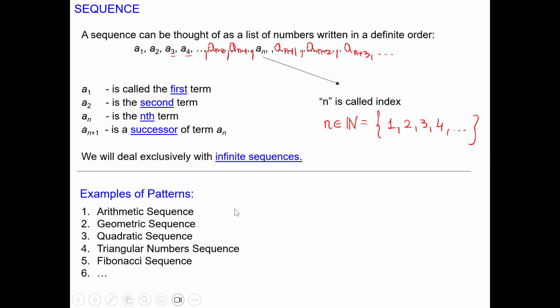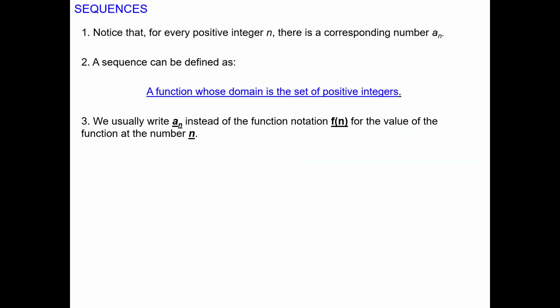Later in this section, we will find the examples of those, I mean the formulas. That's what we know so far: we know what a sequence is, a list of numbers.